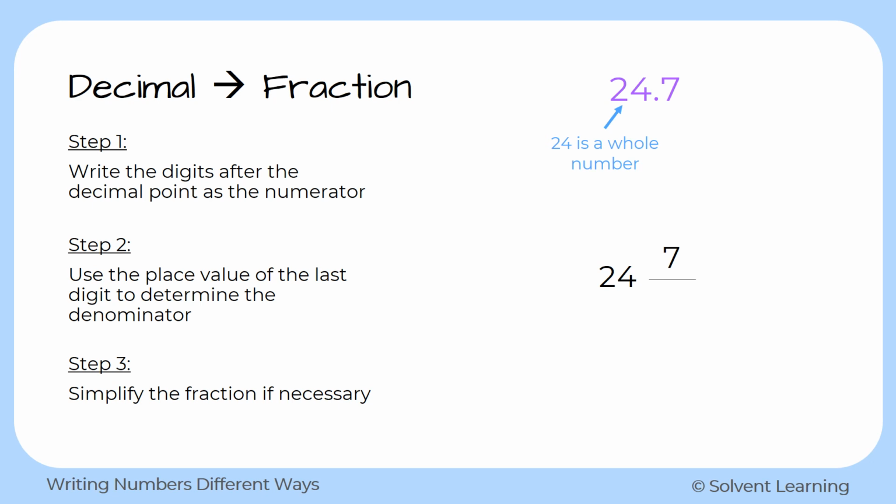Since 7 is the last digit of this decimal, that 7 is going to be the place value that we'll use to determine the denominator. And this 7 is in the tenths place. It represents 7/10. So that tells us that the denominator of our fraction part will become 10. Now, step 3 is to simplify the fraction, but this fraction is already simplified, so we would just leave it as it is. We have 24 and 7/10.